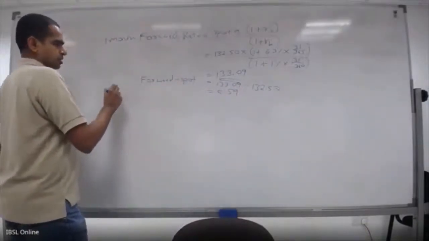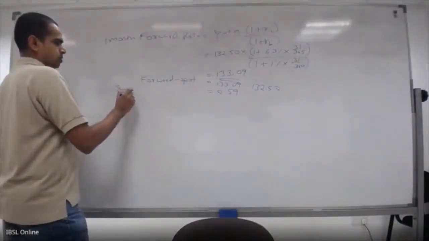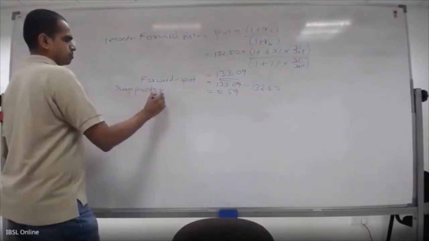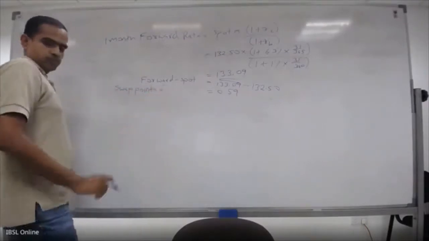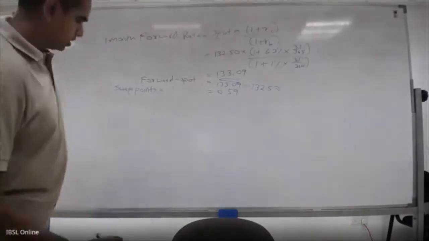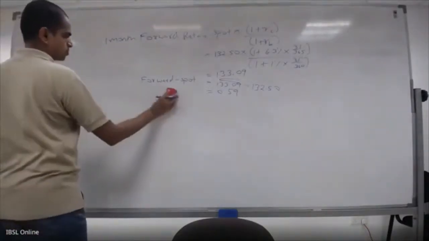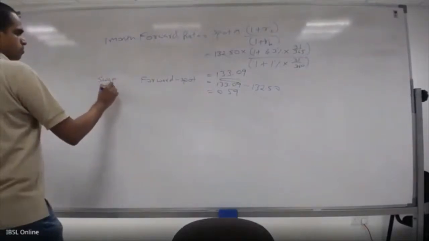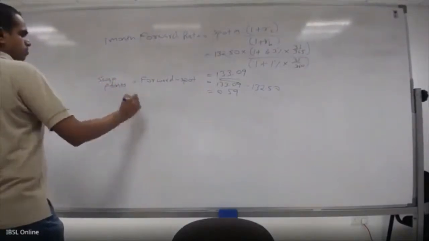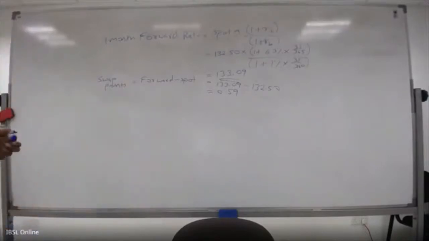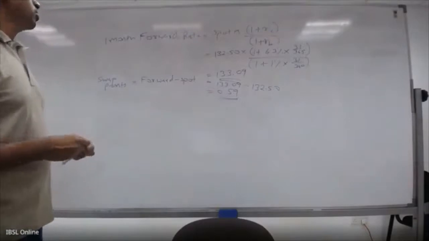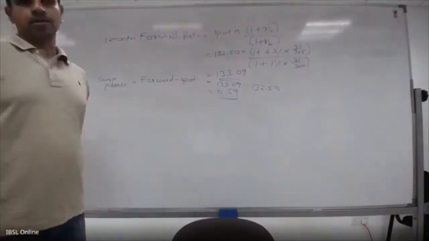This is called the swap point. $0.59. And the swap point is the difference between the forward and the spot, 59 cents.